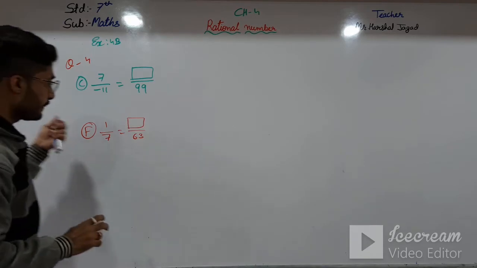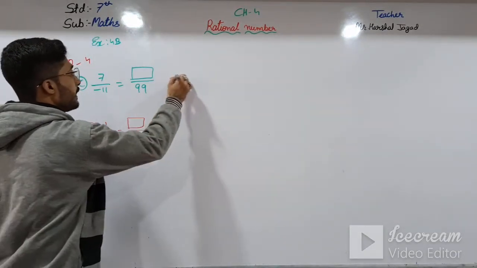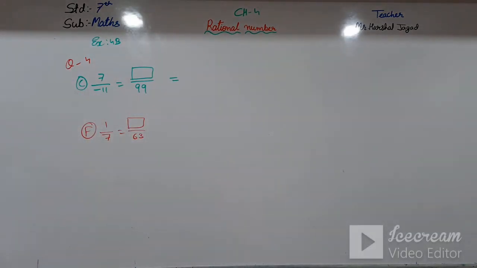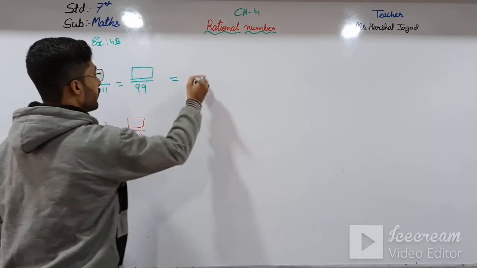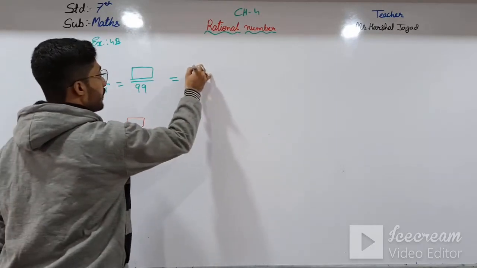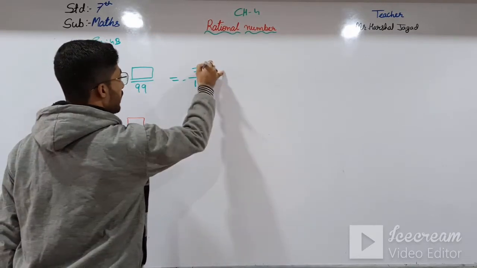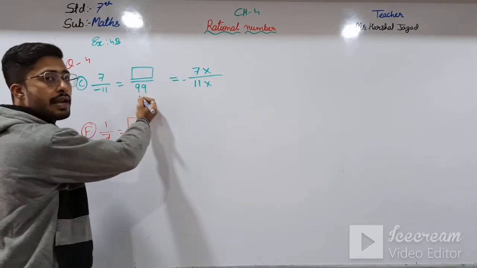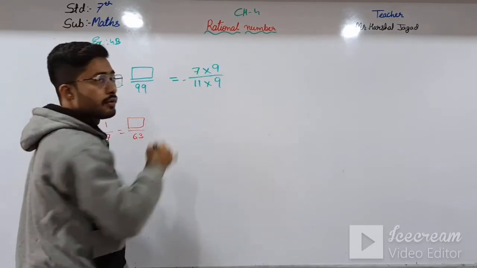From here we know that here it is minus 11, so we have to take minus here. Here I multiply 7 by 11, and here is a sign of minus. If I multiply 11 with 9, I will get 99, and 7 with 9 is also 63.